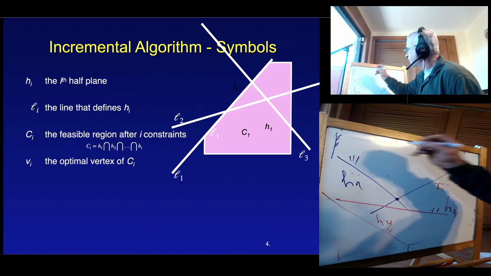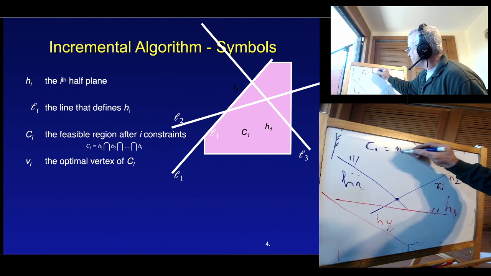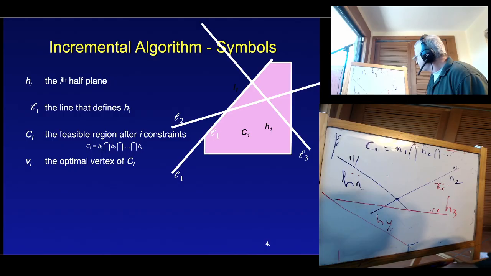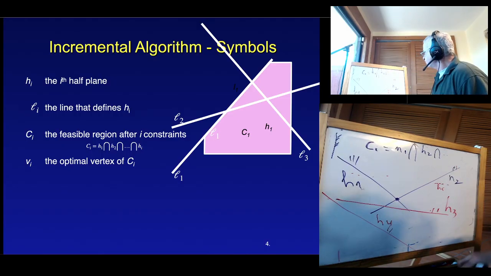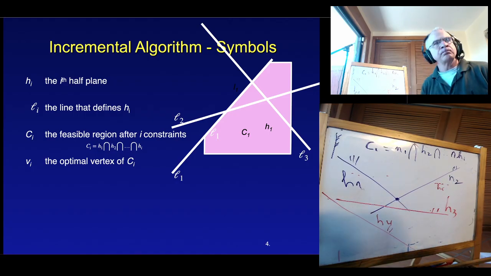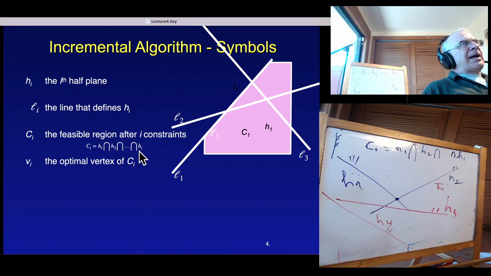The font is small. Ci is H1 intersection H2 intersection dot dot dot intersection Hi. That is, I'm stopping at the ith step, and Vi is the optimum vertex in Ci.